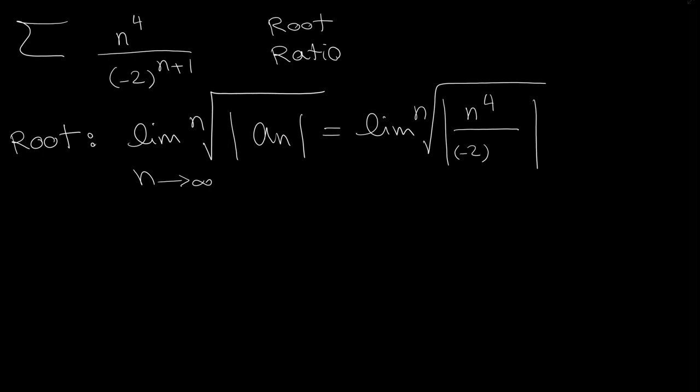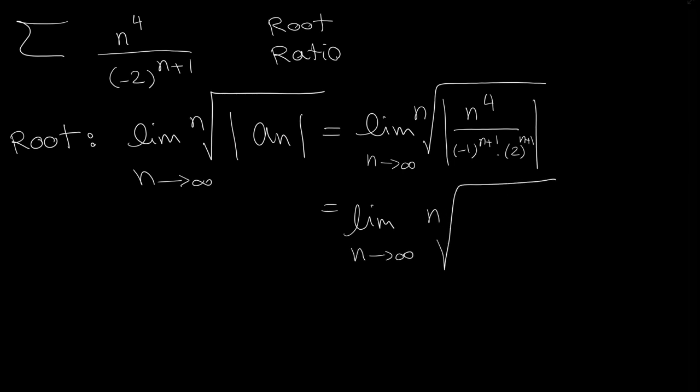Or you may want to rewrite -2 as -1 times 2, and now both have exponent n plus 1. So I can write it as -1 to power n plus 1 times 2 to power n plus 1 when n approaches infinity. And now you can separate them and write it as root n absolute value of n to power 4.